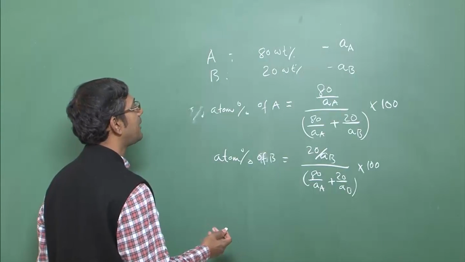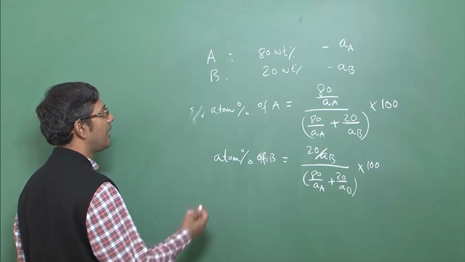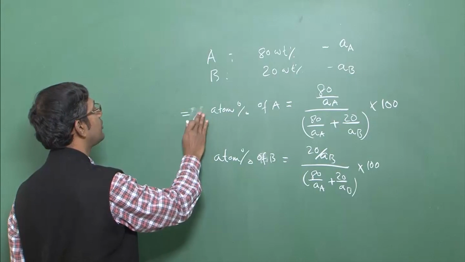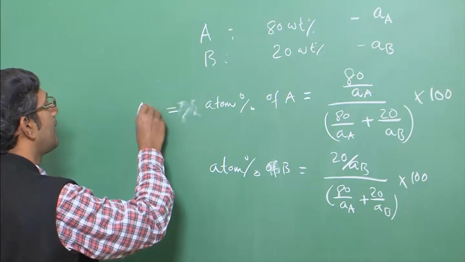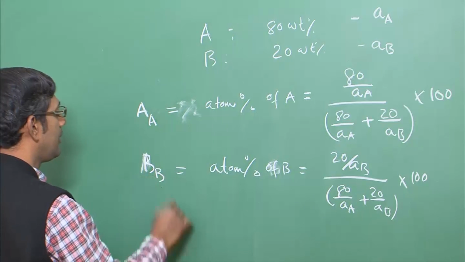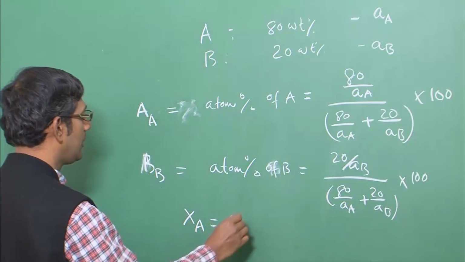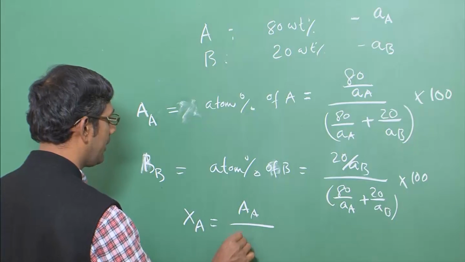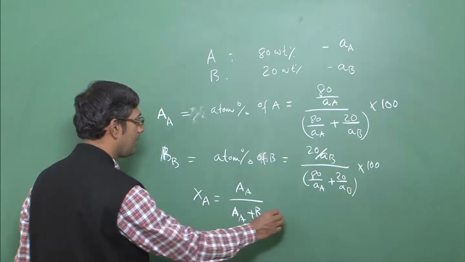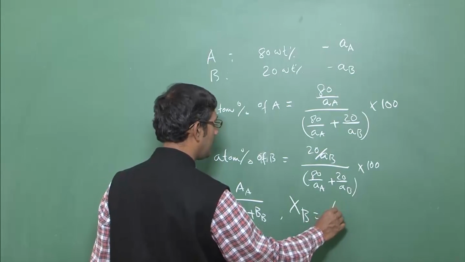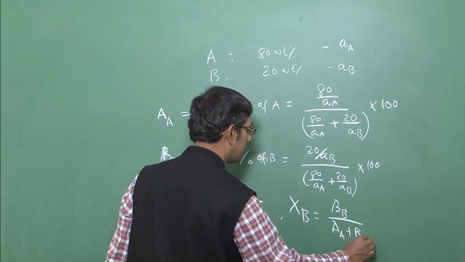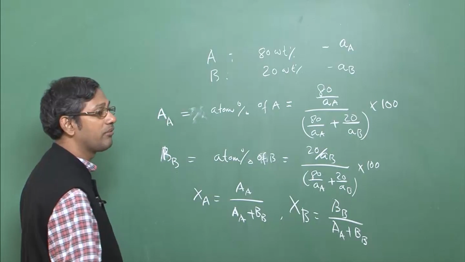And if I know the atom percentage, I can convert it to mole fraction. Suppose the atom percent of A is AA and the atom percent of B is BB, then the mole fraction of A is AA divided by AA plus BB. Please follow my symbols. Similarly, the mole fraction of B is BB divided by AA plus BB. That is how we can convert one to the other.